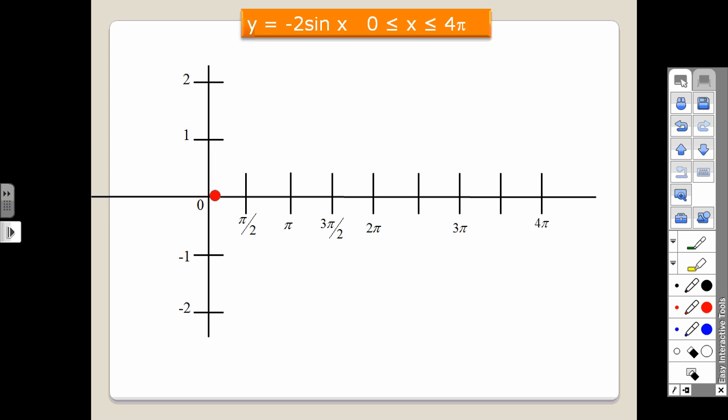Now sine normally starts at 0, and 0 multiplied by -2 still gives us 0. Okay, and sine would normally have gone up to 1, but we are multiplying that by -2. So instead, it's going to go all the way down to -2.